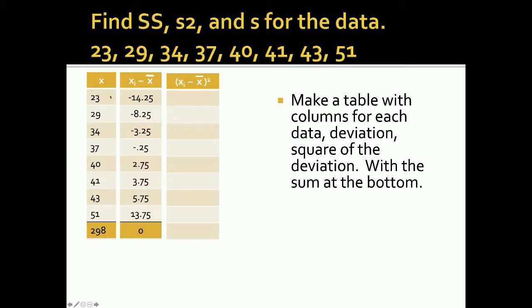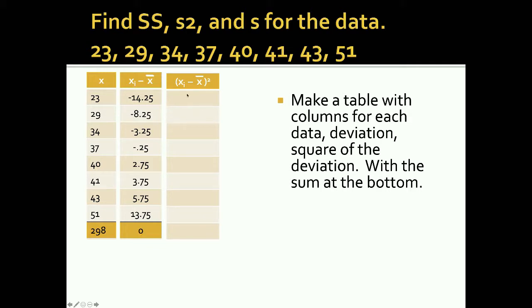And so to find each of these deviations, you take 23 minus the mean, which I just mentioned was 37.25. 29 minus 37.25 is negative 8.25. 34 minus 37.25. So we have all of our deviations. You don't need to know the sum, but we did learn that the sum of the deviations would be 0.